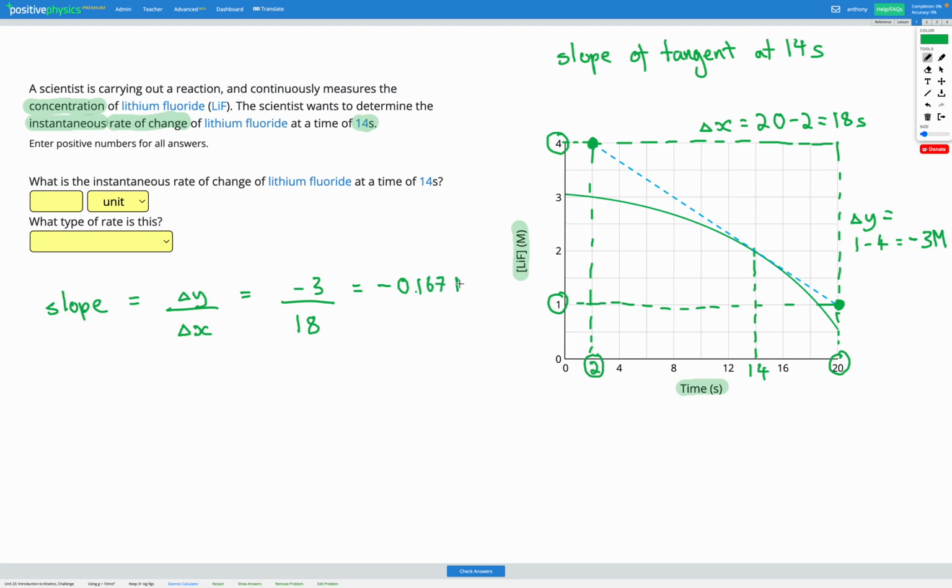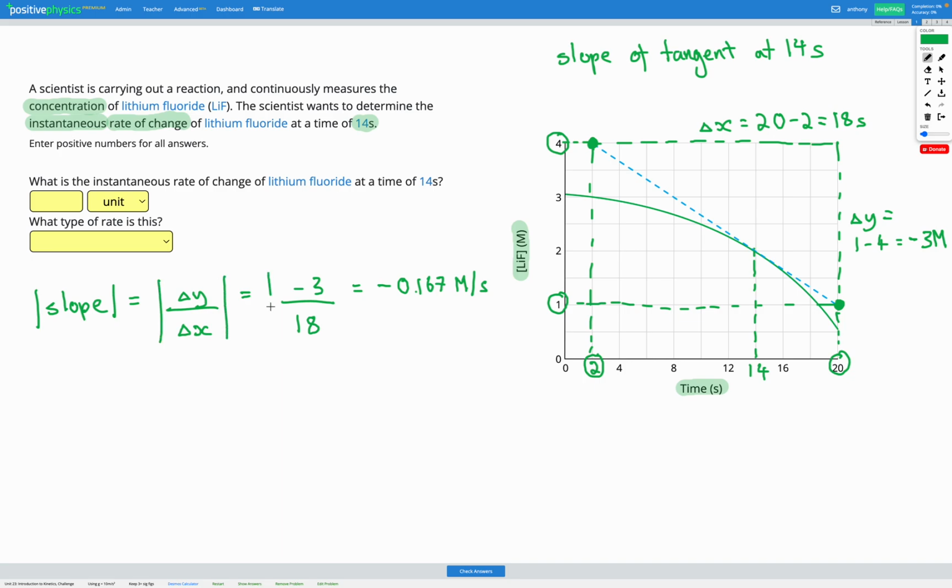-0.167 molar per second. However, remember, we only want to enter positive numbers when we're talking about the rate of change in these questions. So we're actually going to find the absolute value. In other words, without a positive or negative sign, we just want the amount shown by those vertical bars.